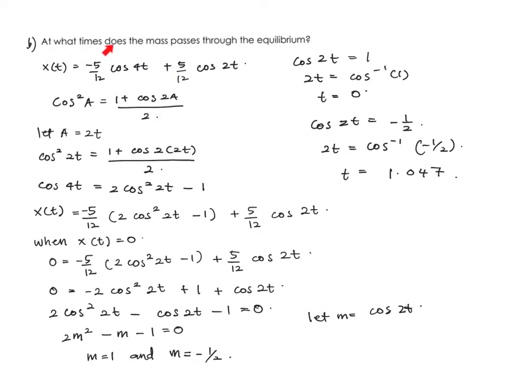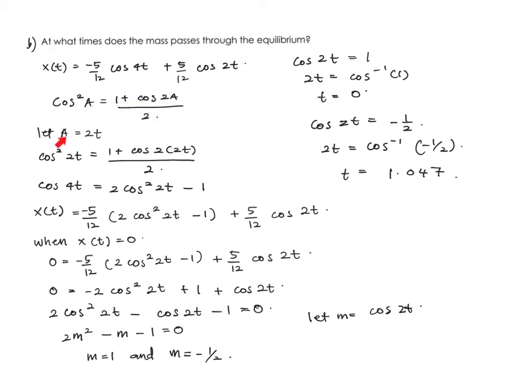Okay, for B, at what time does the mass pass through the equilibrium point? The equilibrium. So first we need to reorder this equation so that we have the same cos 2t, by using the identity cos square A equal to 1 plus cos 2A over 2.